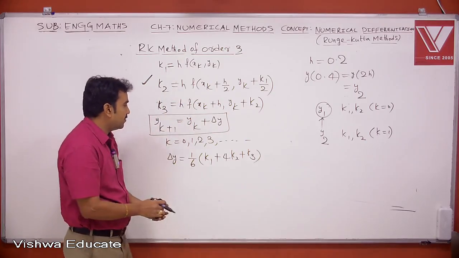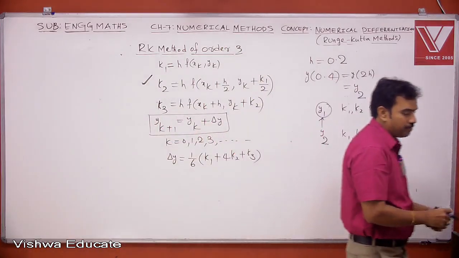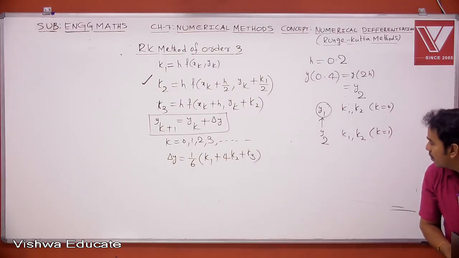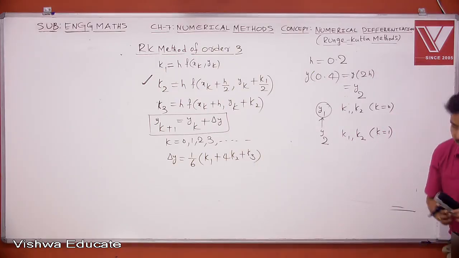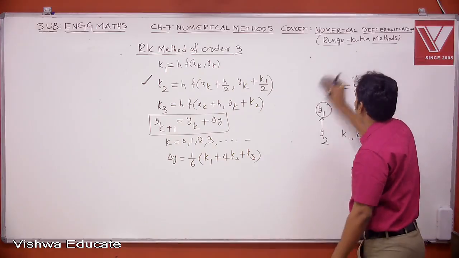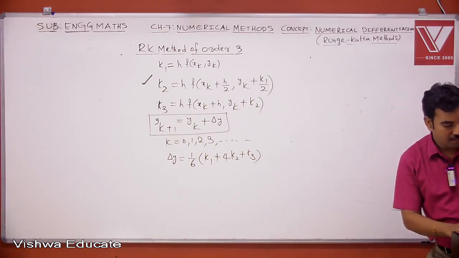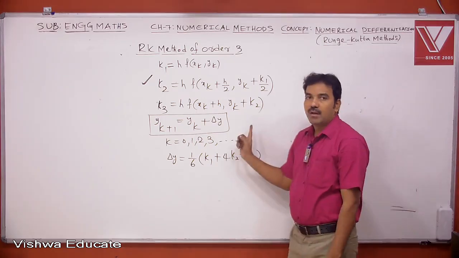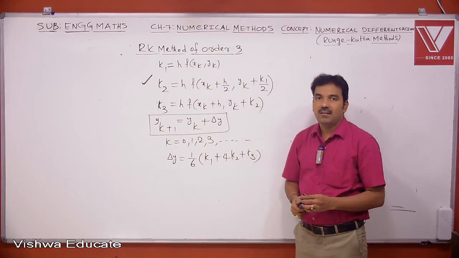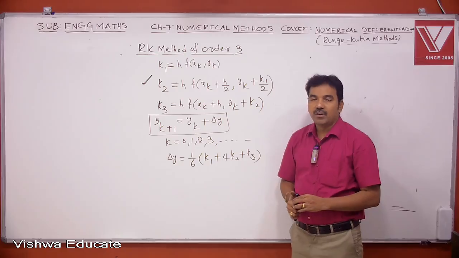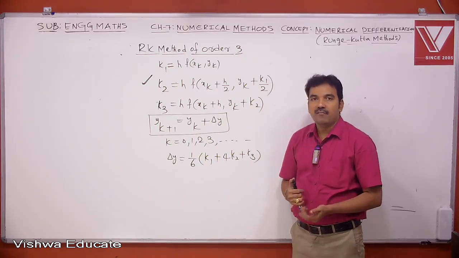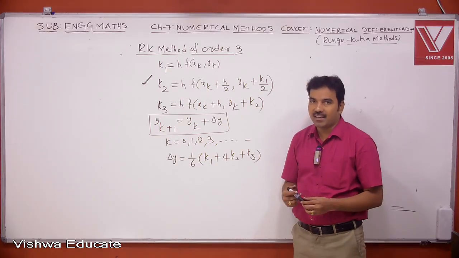Note this point. Every iteration requires 3 values k1, k2 and k3.